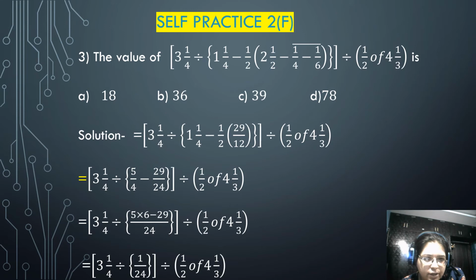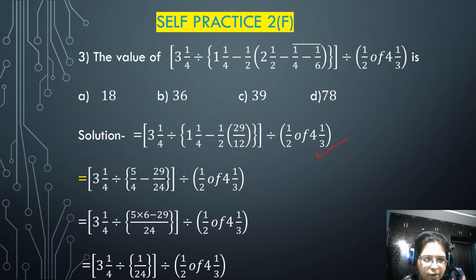Now we get 3 1/4 divided by, inside the curly bracket, 1 1/4 minus half of 29/12. This is in the whole bracket. Inside this whole bracket this expression is there, then divided by 1/2 of 4 1/3.